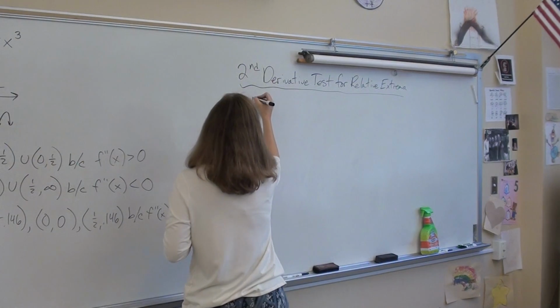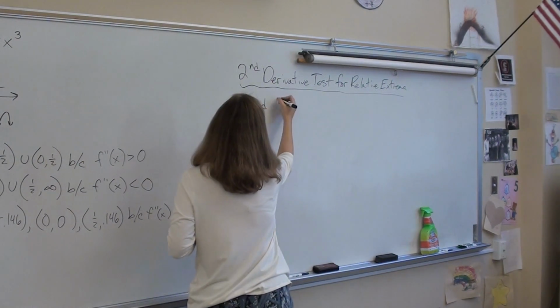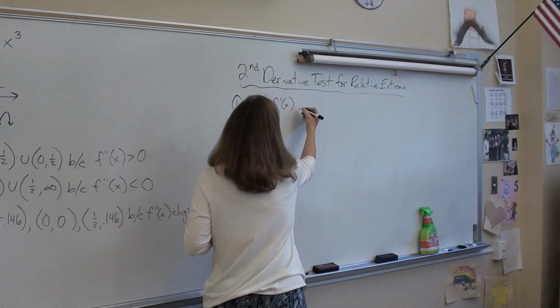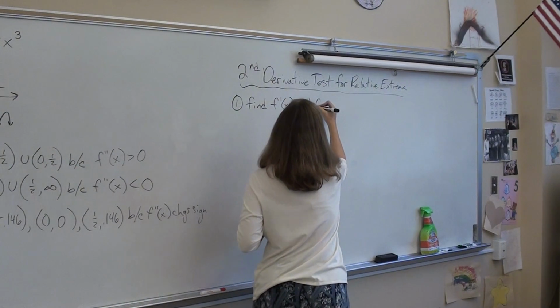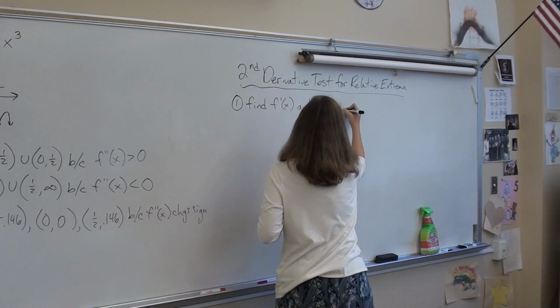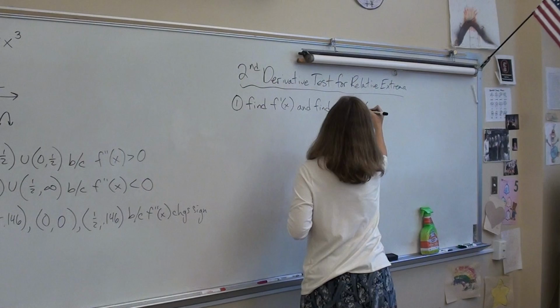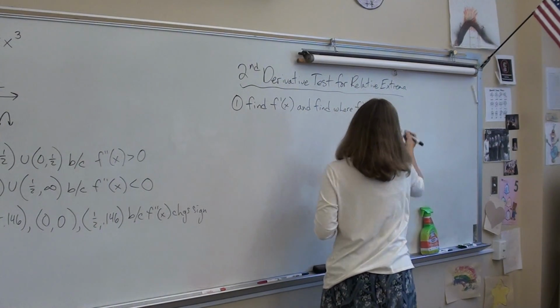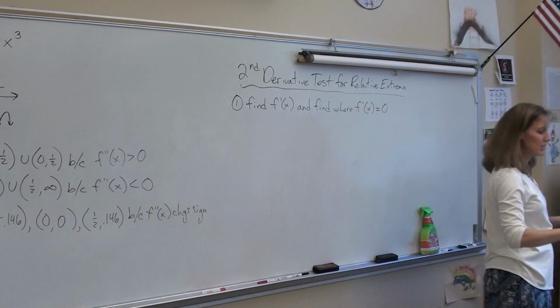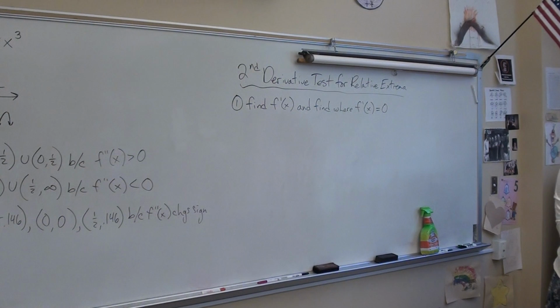Okay? So here's the thing. Second derivative test, you're going to start by finding f prime and find where f prime equals 0. Second derivative test does not work when the first derivative is undefined. It only works when the first derivative is 0. If second derivative test doesn't work, you have to go back and do first derivative test.